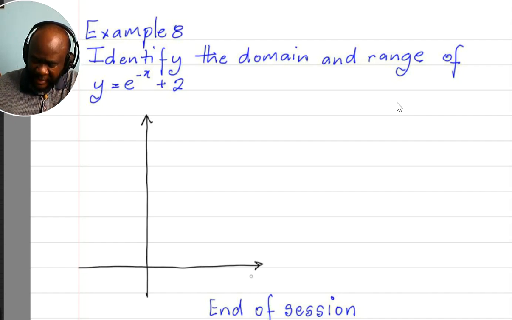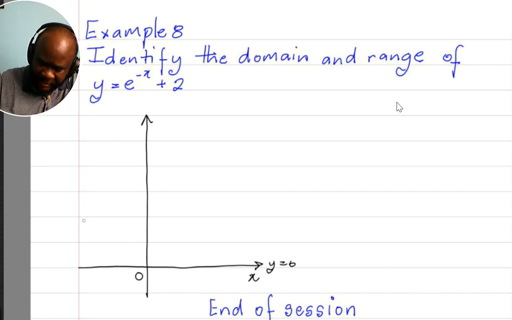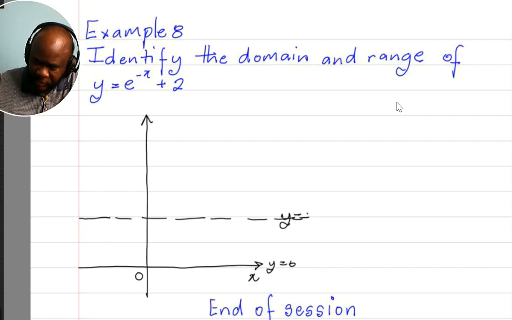So this is the x-axis, which is the line y is equal to 0. This is the line y is equal to 2. Y-axis. I think the graph comes something like this.